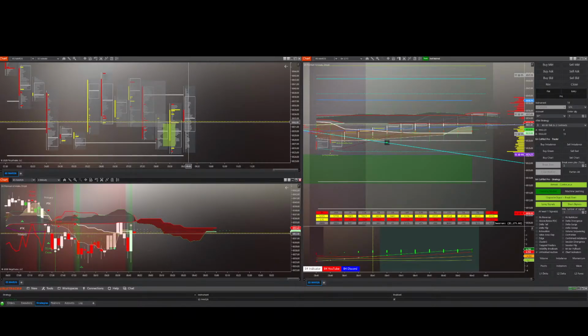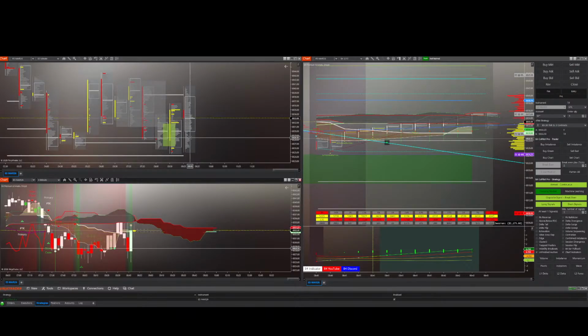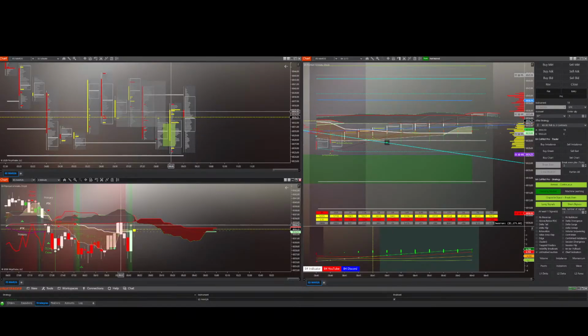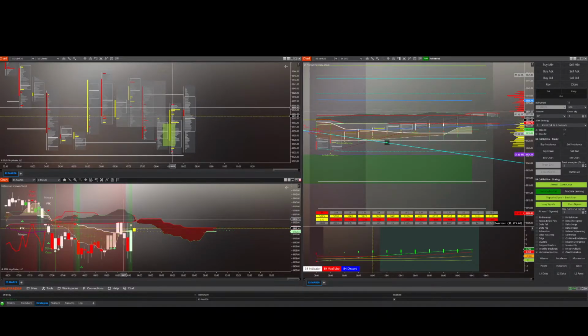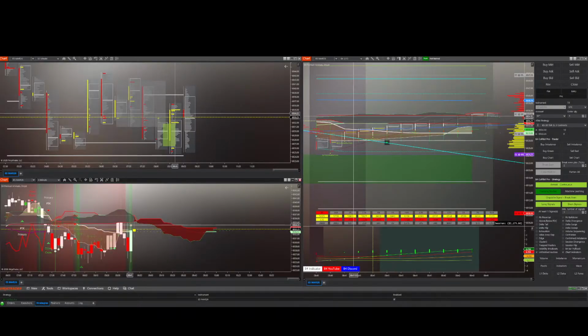So I'm looking at price action in relation to where it is in relation to the point of control and the value area. Just so you know, these red and yellow, those are imbalances that happened on the 30-minute time frame at those different levels.